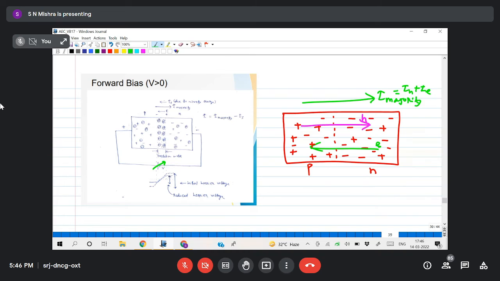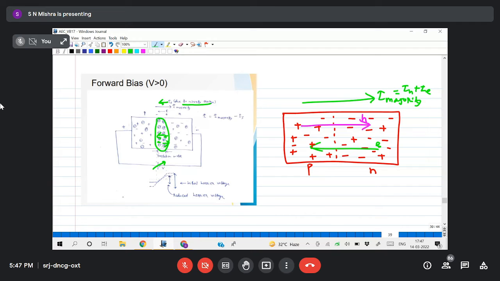So during the reduction of the depletion region, the minority carriers present are also moving. Their direction is opposite to the majority current, because minority holes move in this direction and electrons move in the opposite direction. So the net direction is opposite to P to N. This is due to the minority charge carriers.